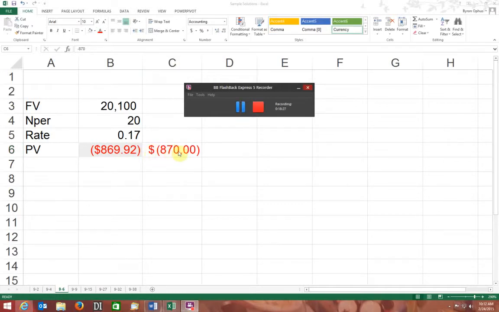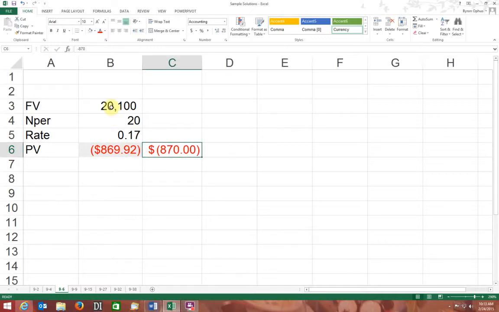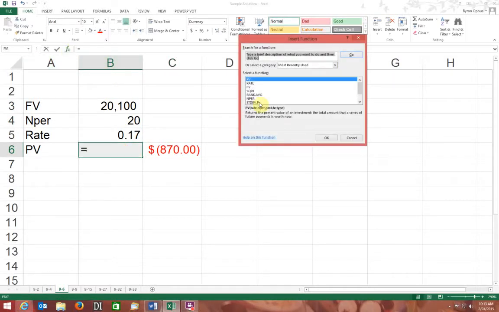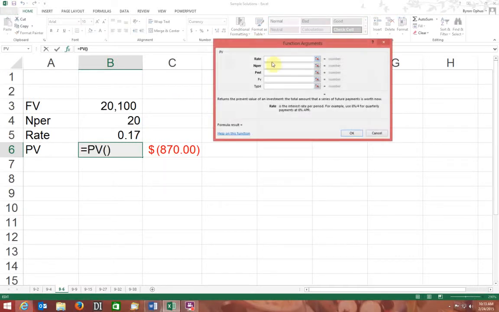I just put the 870 in because that's the amount that we're going to be comparing to. I'm going to delete this and run the formula again just so y'all can see it. So I'm solving for present value. That's my most recently used, so it comes up, and I can just click OK. My rate, 0.17.